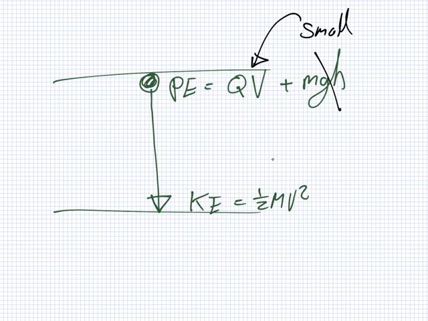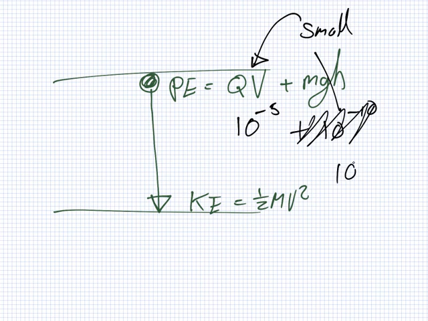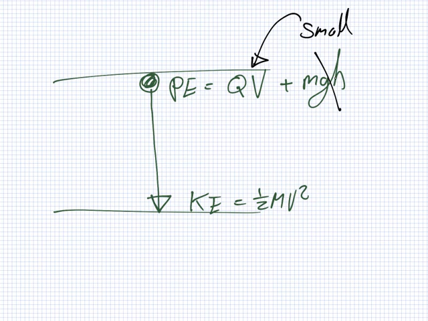For example, this could be 10 to the minus 5, whereas this one could be like 10 to the minus 10, because the mass is so small. So when you add them together, you don't really care about that because this is 10,000 times bigger. So for these problems, it is not usually necessary to consider the gravity potential energy.